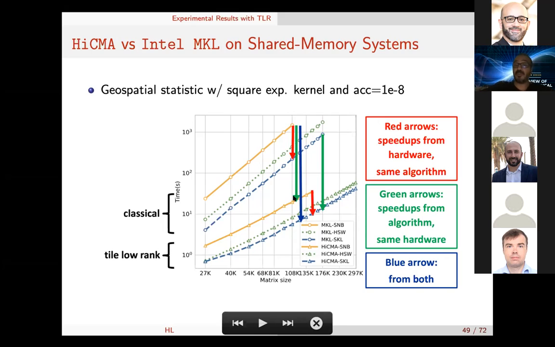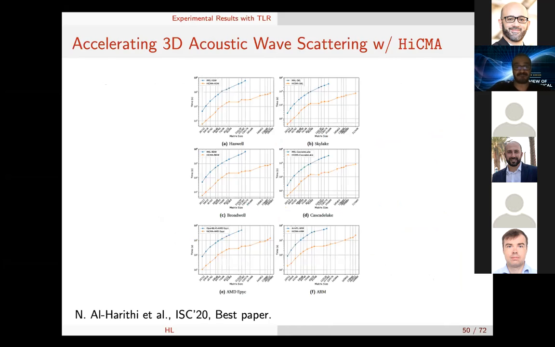So really the ball is on our side, on the software development of our algorithms, hence the critical aspect of redesigning those algorithms. And when you put both together, the blue arrow is when you have the improvement from both. You can reach more than 2 orders of magnitude performance improvement, right? So this is really a stunning number.